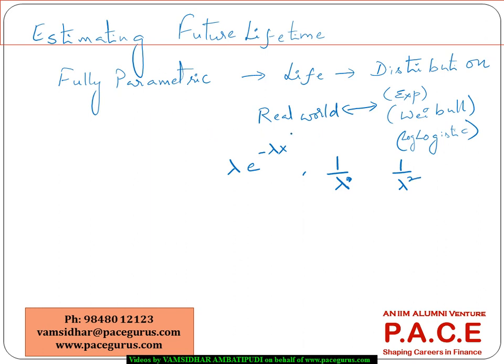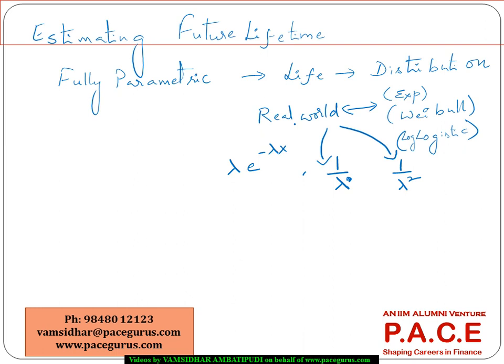So I'll map my real world data's mean with the exponential mean, and the real world data's variance with the exponential variance, and try to fit my lambda computation, and fit an exponential distribution for the future lifetime.